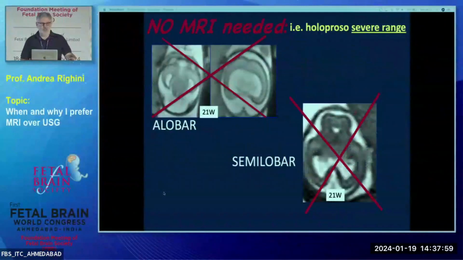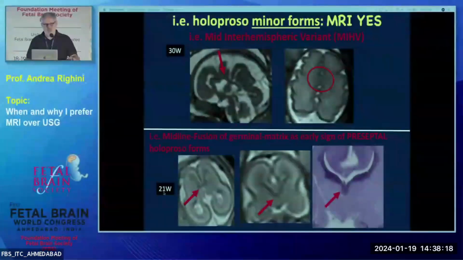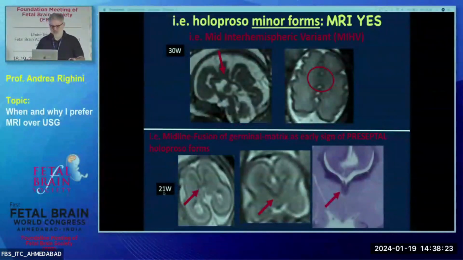Of course, nowadays you don't ask for MRI for cases like this one, in the range of holoprosencephaly, but still in the same range when you have to address so-called minor cases like the interhemispheric variant. This case is nicely depicted, as Professor Manninger showed some years ago, also by ultrasound, and other things can be interesting in MRI, like this early case in the range of holoprosencephaly.